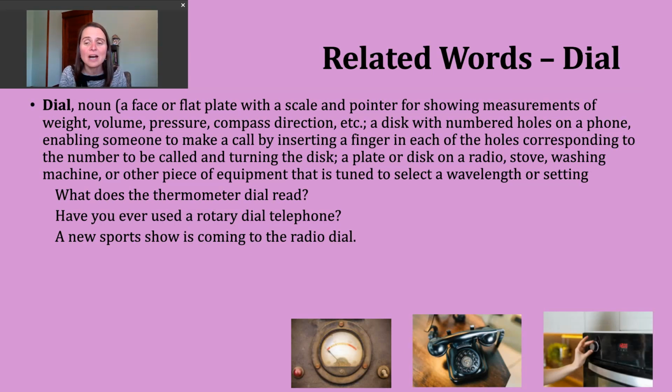If it's a radio, wavelength might be another way to kind of think of that. And again, I've got another picture here. This looks like someone's oven, right? And they're adjusting the dial. Maybe that's how they adjust the temperature. Okay, so another way you hear this used: a new sports show is coming to the radio dial, right? So they're kind of talking about the particular setting here for that.